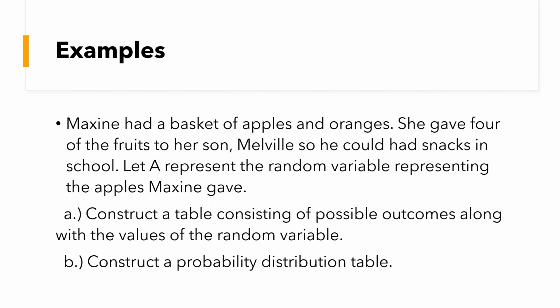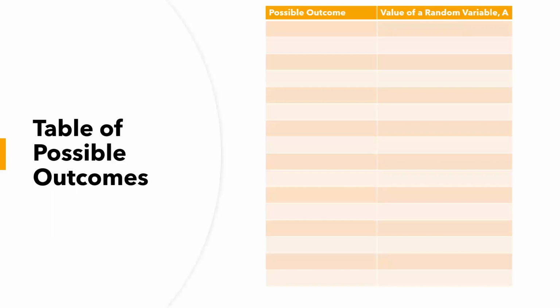Okay, so we're going to do the same step. Now we're going to list all the possible outcomes. Our first possible outcome will consist of all apples.